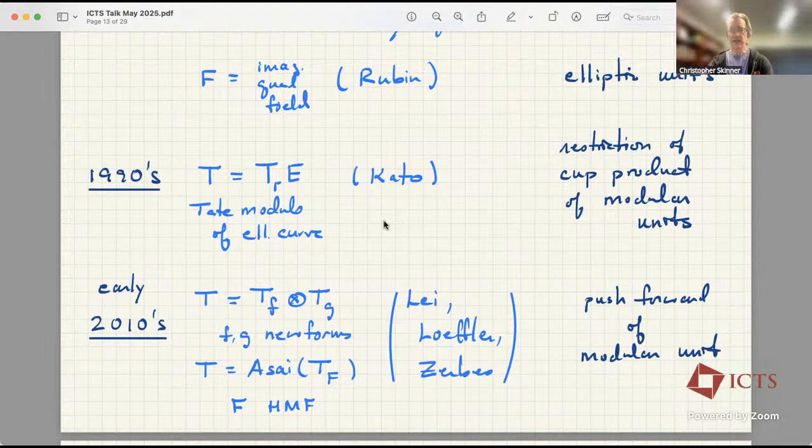And they could take a modular unit, which gave a class in the absolute étale cohomology of a modular curve, and then push this forward into either the product of the modular curve or into the Hilbert modular surface, and they got a nice collection of classes that they could show was an Euler system, and for which they could compute the explicit reciprocity law.